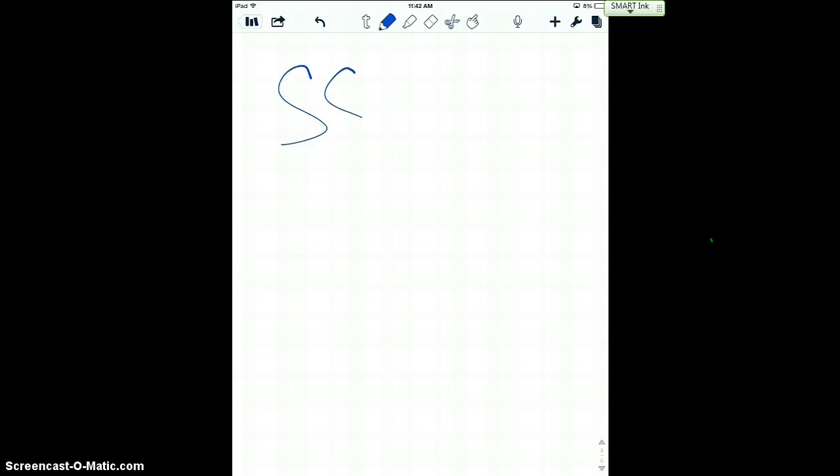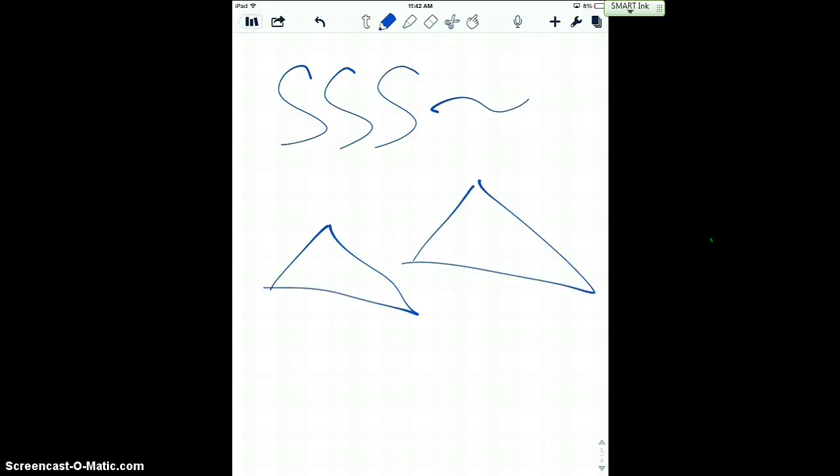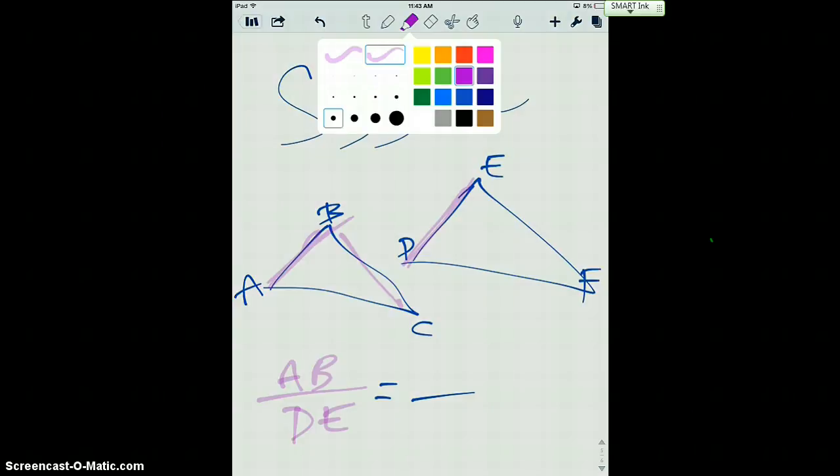Last way is side, side, side. So again, if I have my two triangles, same shape, different sizes, their corresponding sides are not congruent, they're in proportion with each other. So now my proportional setup is going to be quite long, but I'm going to write it. AB corresponds with DE. Just as, I need a new color.